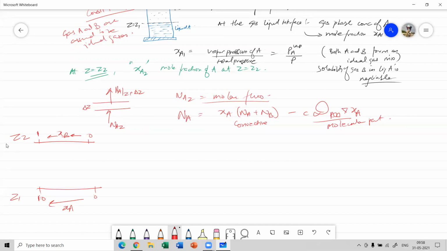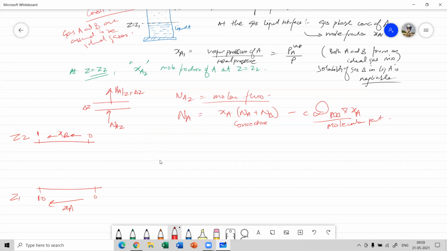That means at the topmost surface, where the gas is, the mole fraction of B is decreasing toward the interface, and at Z equal to Z1, the mole fraction of A decreases away from the liquid-gas interface, because A is diffusing into gas B. So the mole fraction of B at Z equal to Z1 will be decreasing, and the mole fraction of A at Z equal to Z2 will also be decreasing.